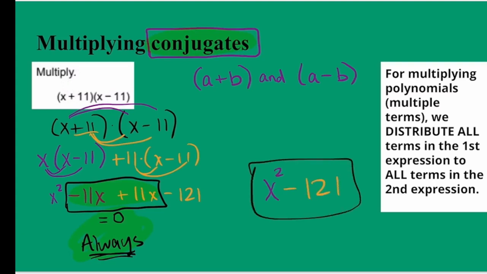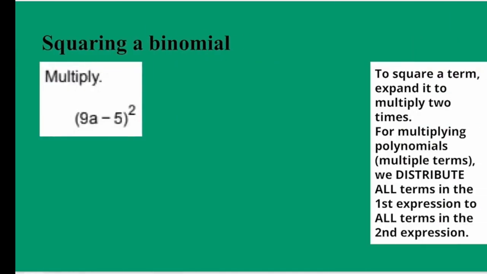So the last example I want to do is squaring a binomial. You have to take your time with these things. When you square something, it pretty much just means you're taking that expression in parentheses and rewriting it two times. 9a minus 5 times 9a minus 5.